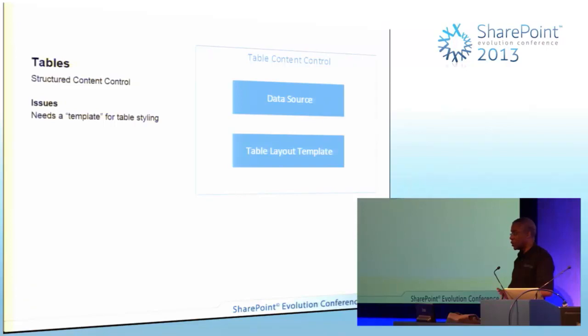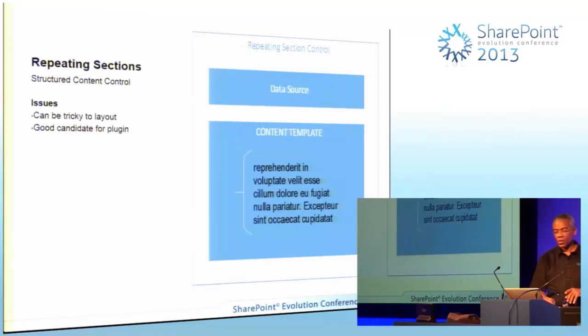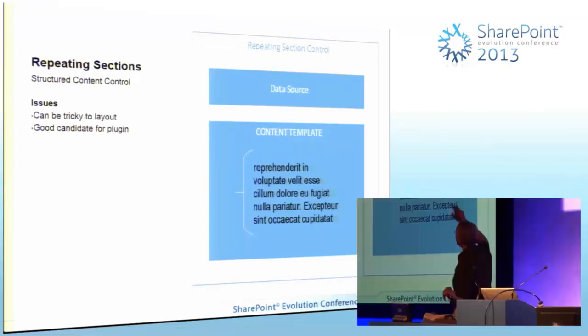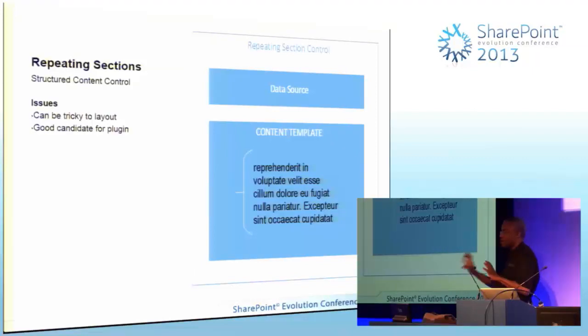It's pretty sweet the way it works. Similarly for repeating sections, two content controls, one that defines the data source and one that defines the content template. Not a table, but it tells me the content that I'm going to have to repeat once for each item in the data source.